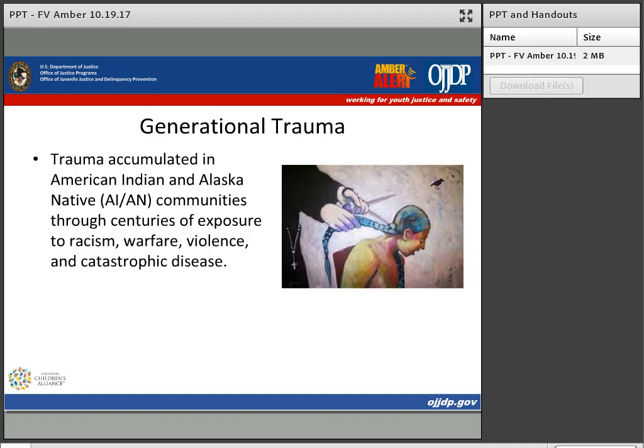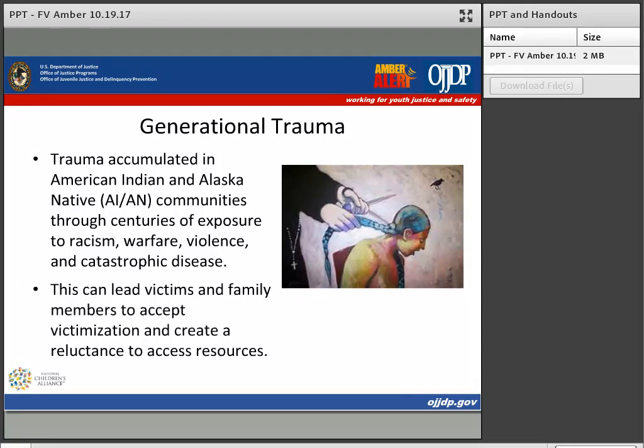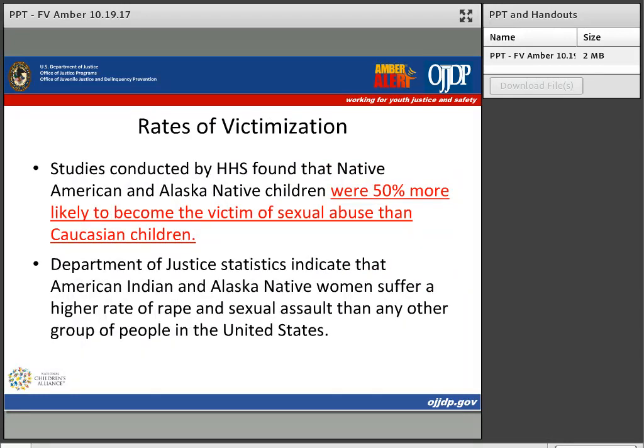Centuries of exposure to racism, warfare, violence, catastrophic disease, all of these things can lead family members and community members to accept the negative issues related to their lives, such as poverty or maltreatment, as just the way things have always been, and it will make them less likely to cry out for help, seek resources, and makes it very difficult in a number of areas, such as reporting.